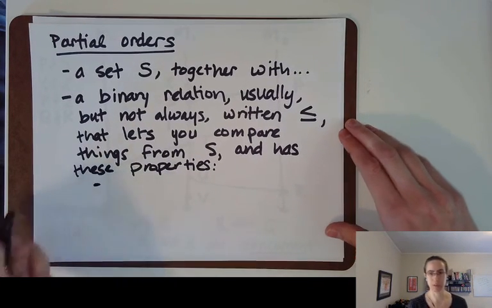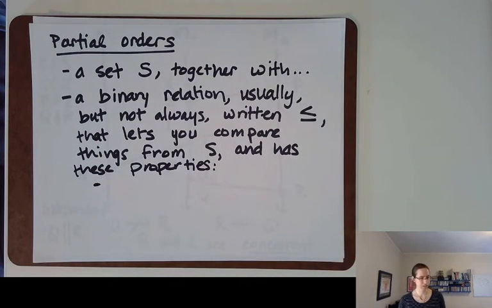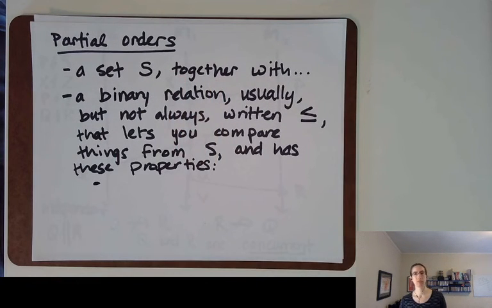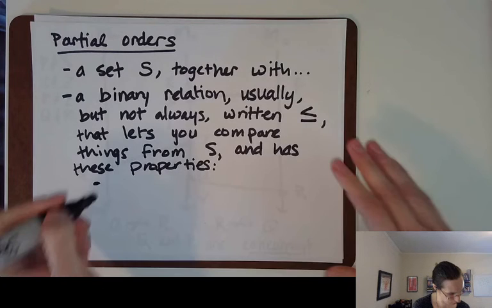Does anybody know this? What are the properties that the binary relation in a partial order has to have? Can somebody tell me what one of them is? So actually somebody just said the word that I was looking for in chat. So reflexivity.